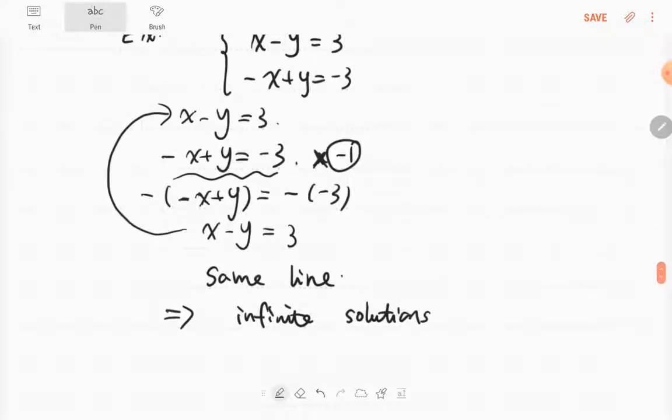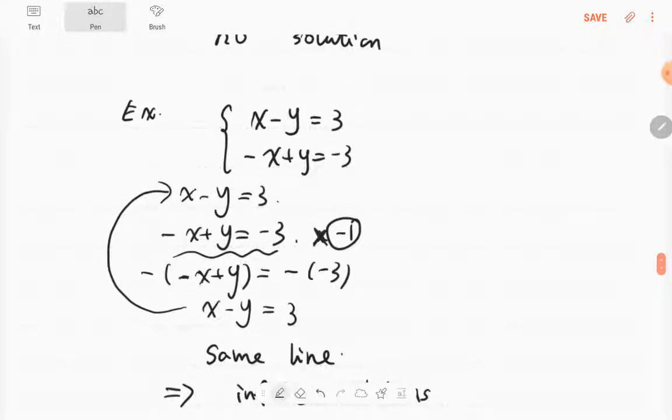Okay, so for this kind of situation, maybe you need to draw the graph to help you figure out they are just the same line. If we draw the graph, it's easy to find that they are the same line. But if you can observe the relationship, that if you multiply both sides by negative 1 you get the exactly same one, then you still have two ways.